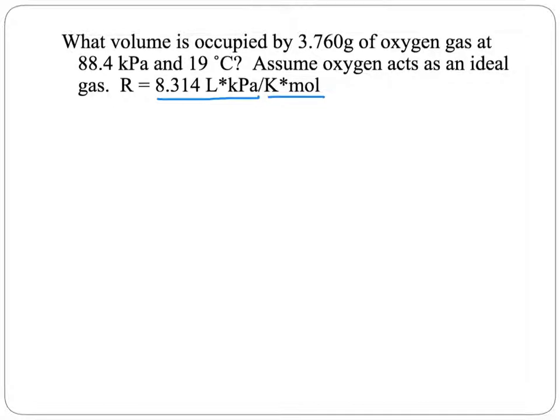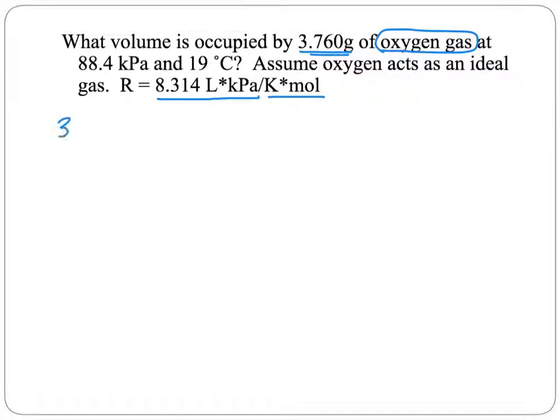When we start off, we've got to do some stoichiometry and convert our grams of oxygen gas into moles. Notice that it is oxygen gas, so this tells us right away we're talking about O2, not just oxygen. So make sure when you do your calculations with these gases, you are remembering which ones are diatomic and which ones are not.